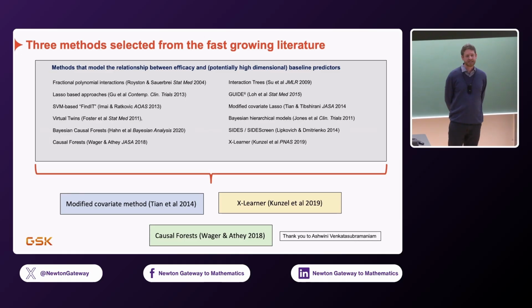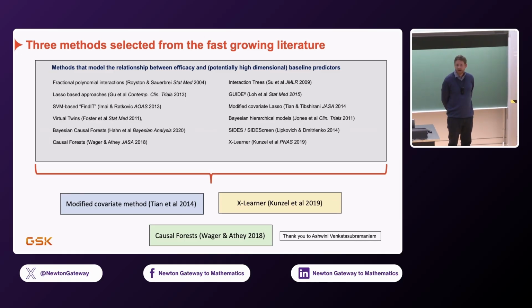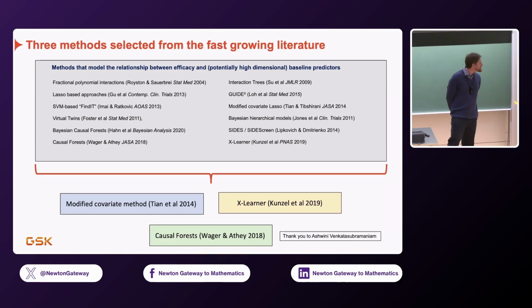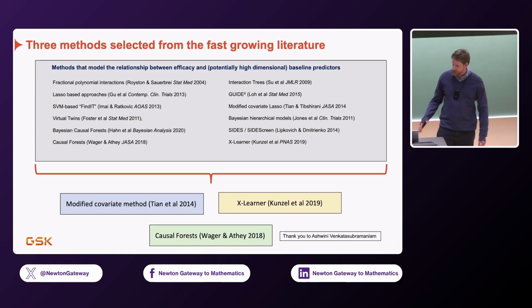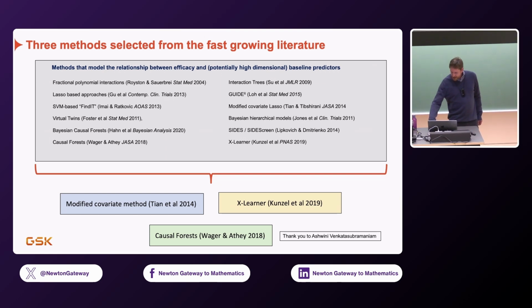X-learner is representing here the wider class of meta-learners. It's not what I would have chosen today, to be honest. I would have gone with the DR learner, but we'll come back to that. And causal forest is an adaptation of random forests. So I'll now just do one slide on each of these methods, just to give you a sense of how they work if you haven't come across them before.